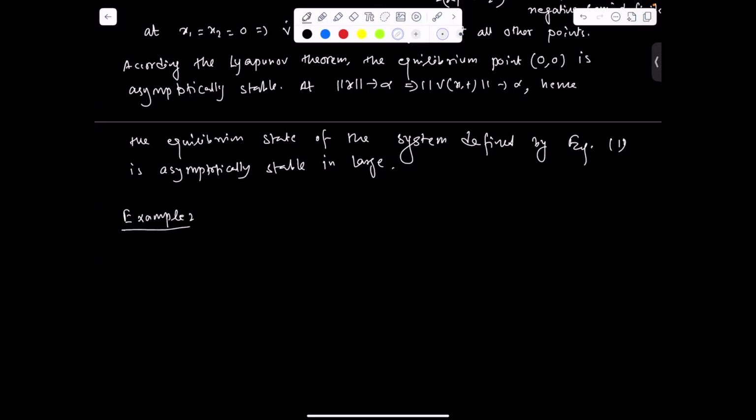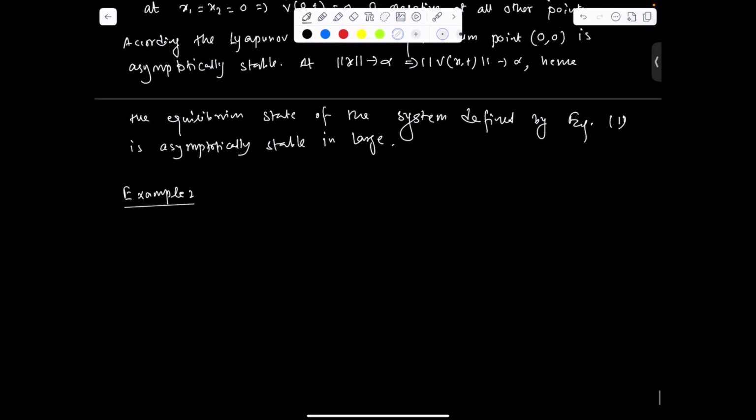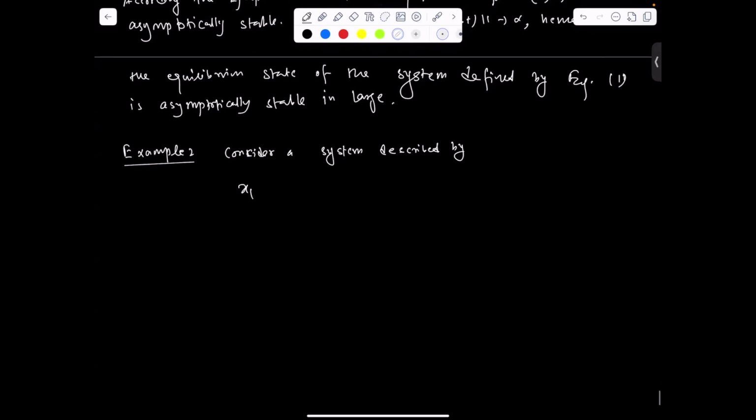Example 2. Consider a system described by x1 dot equal to minus x1 minus x2 e to the minus t, and x2 dot equal to x1 minus x2.